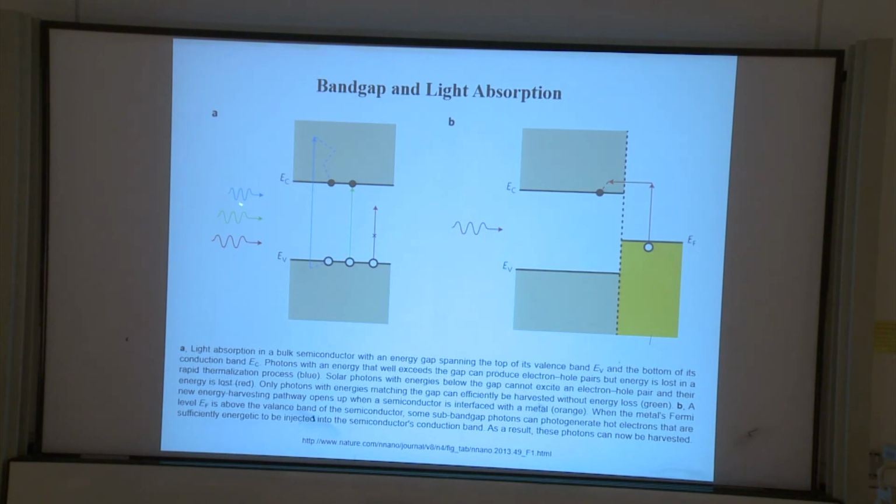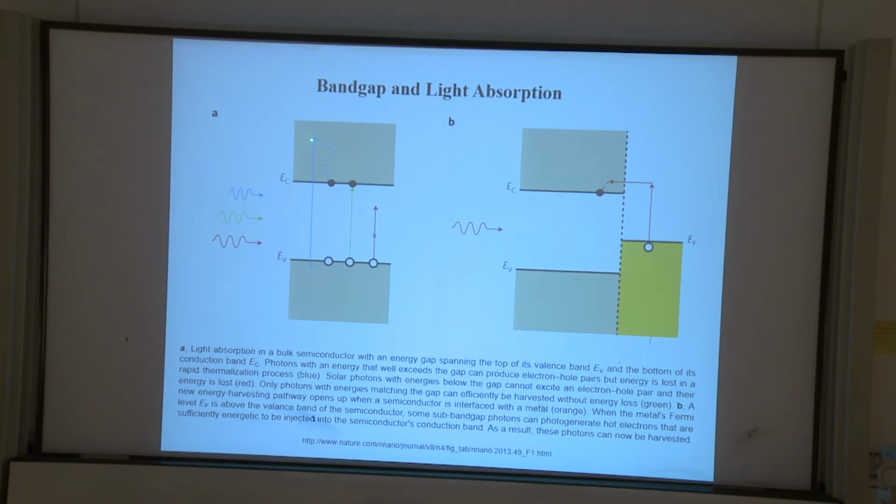Okay, now if we have another photon with larger energy, that means shorter wavelengths, stronger, more powerful photons going in. Then this photon energy will excite the electrons far above the conduction band edge. Then it will not stay there because there are a lot of orbitals for them to stay.